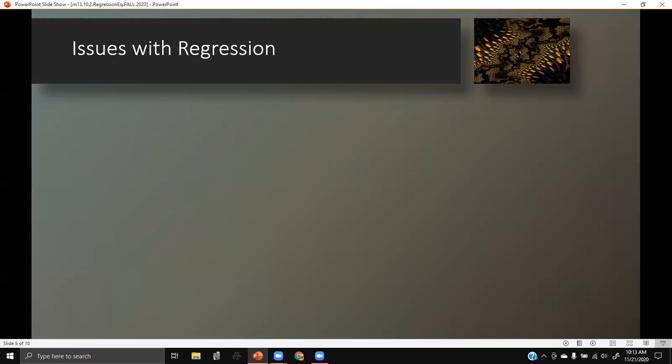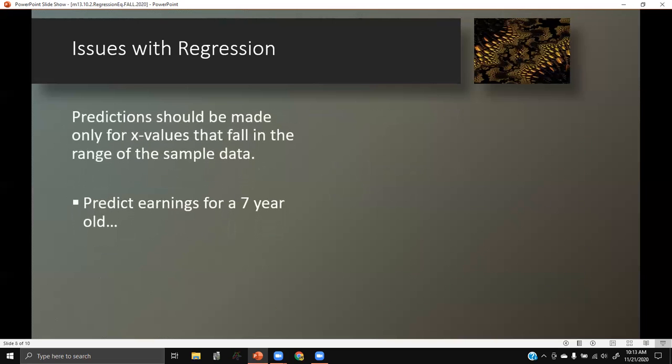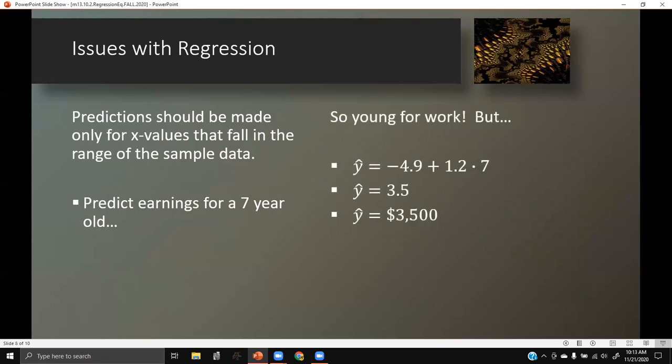There are issues, though, with the regression equation. Predictions should be made only for x values that really fall in the range of your sample data. I think the youngest person in that table was 23 years old. We run into issues when we move far outside that range of age. For example, if I want to predict the earnings of a 7-year-old, there's the negative.